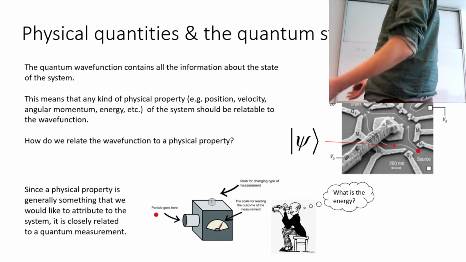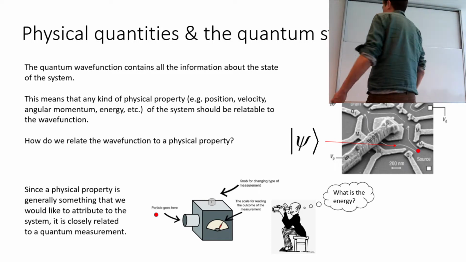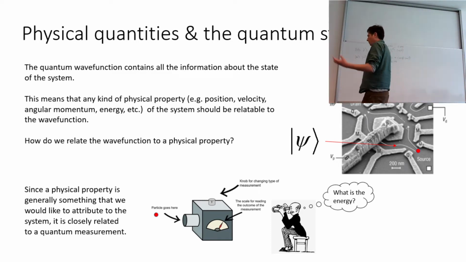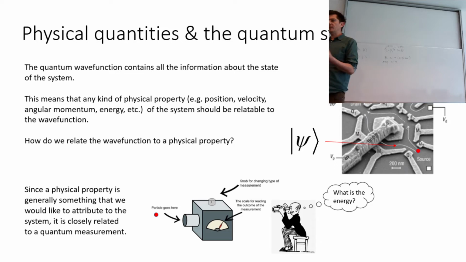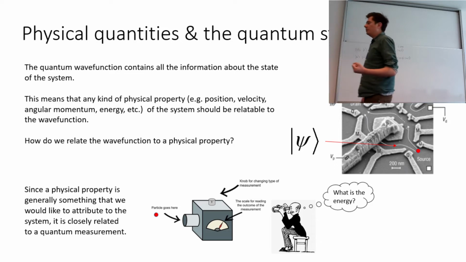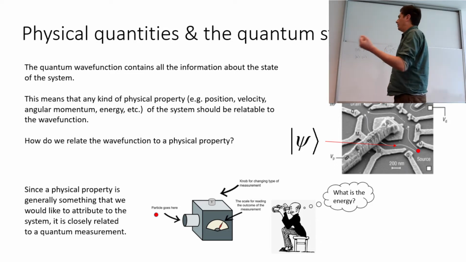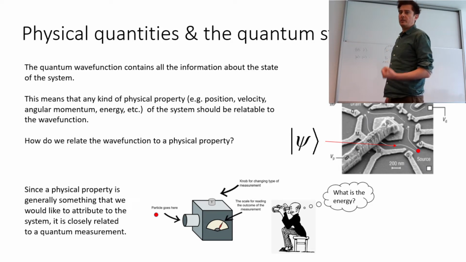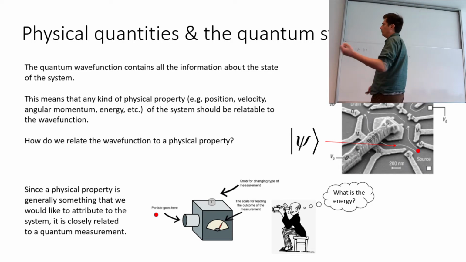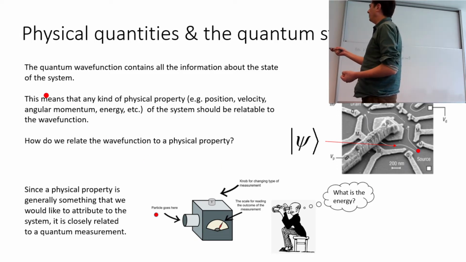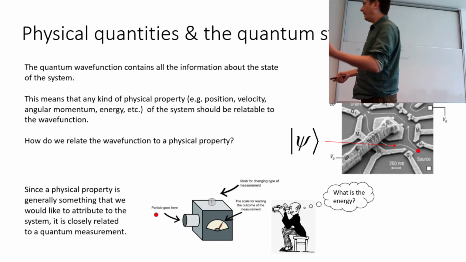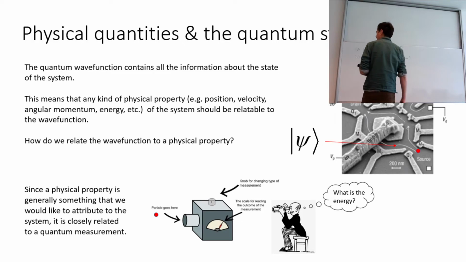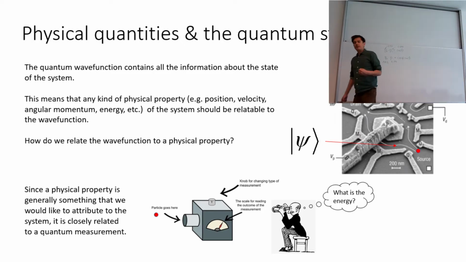And that is supposed to give the full information of the system, right? So we should be able to work out from that some of its important quantities, like the position or velocity or maybe angular momentum or energy. How do we figure out what those things are given the wave function?